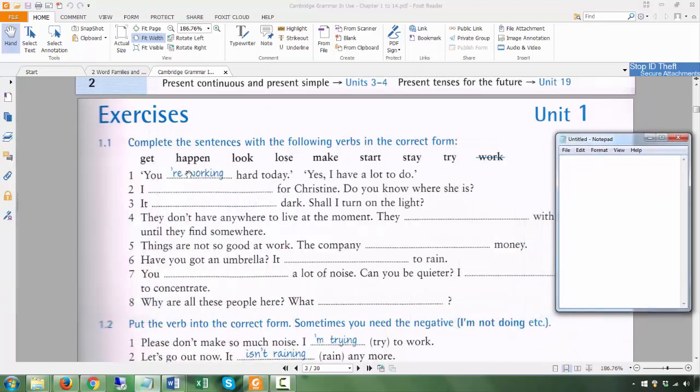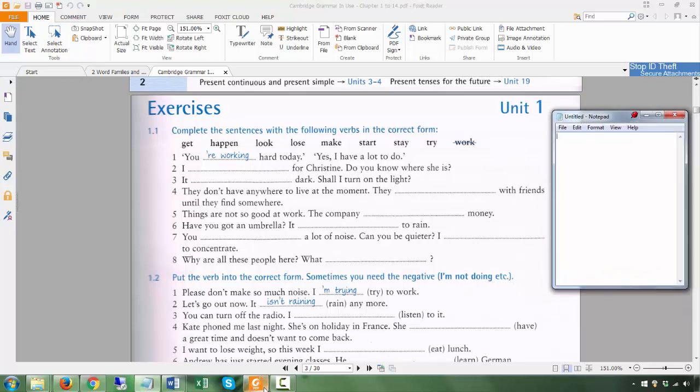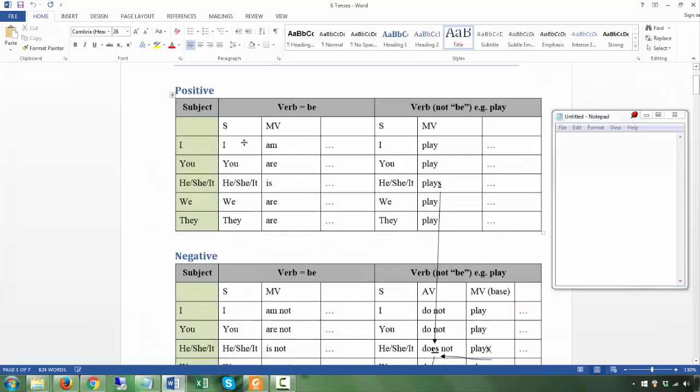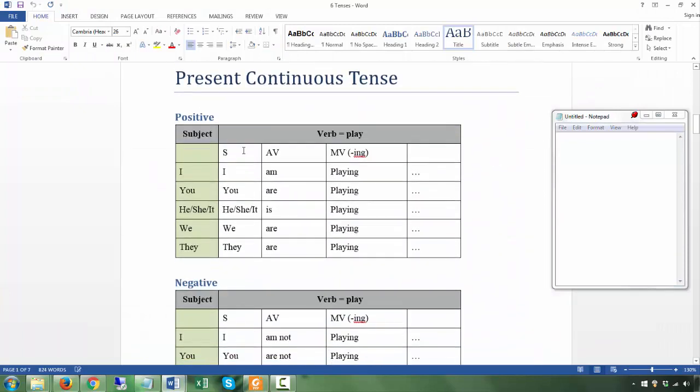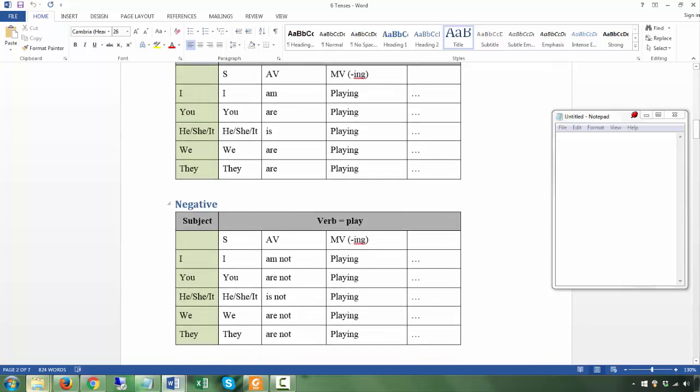This whole unit is basically testing you on the present continuous tense, so it's easy in the sense that you know every answer is going to be present continuous. Just to refresh your memory, it could be in the positive, the negative, or the question forms.